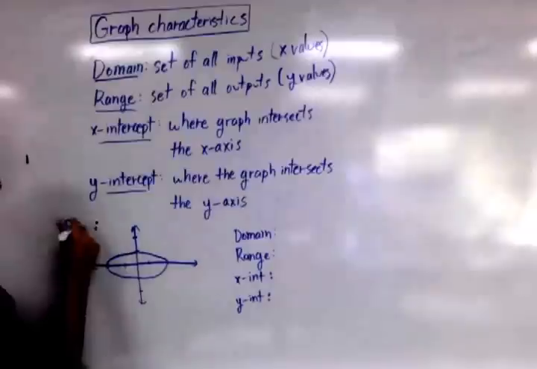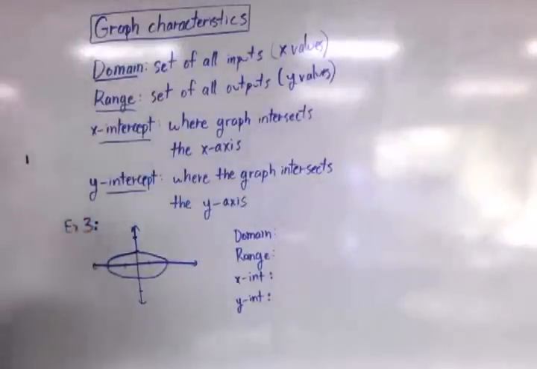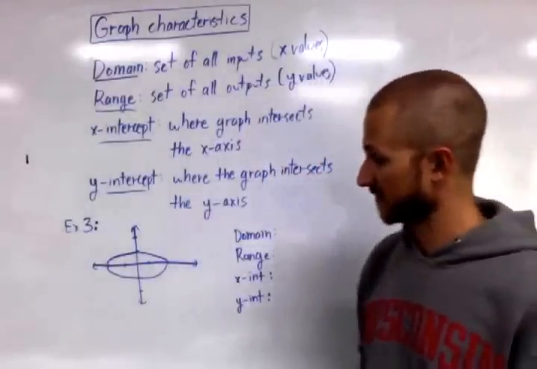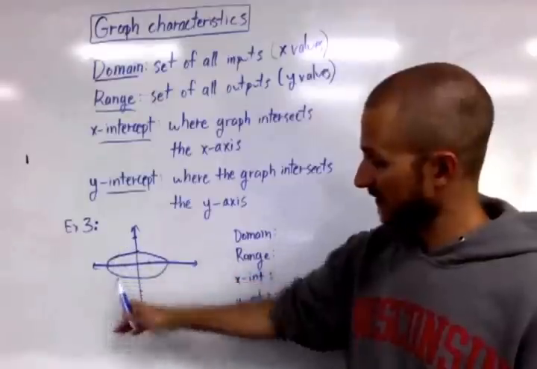Right. So example 3 here, we're going to look at something that looks like an ellipse. So we have this kind of shape.